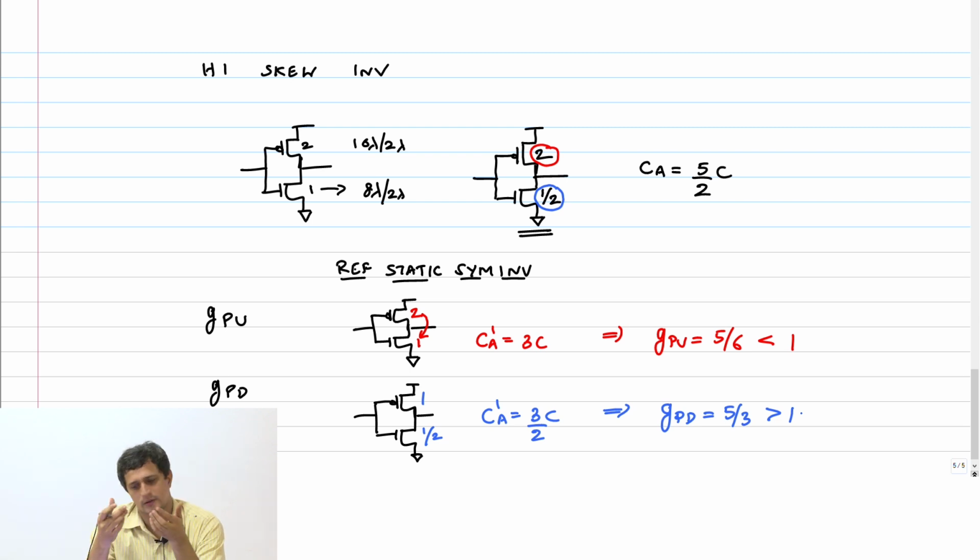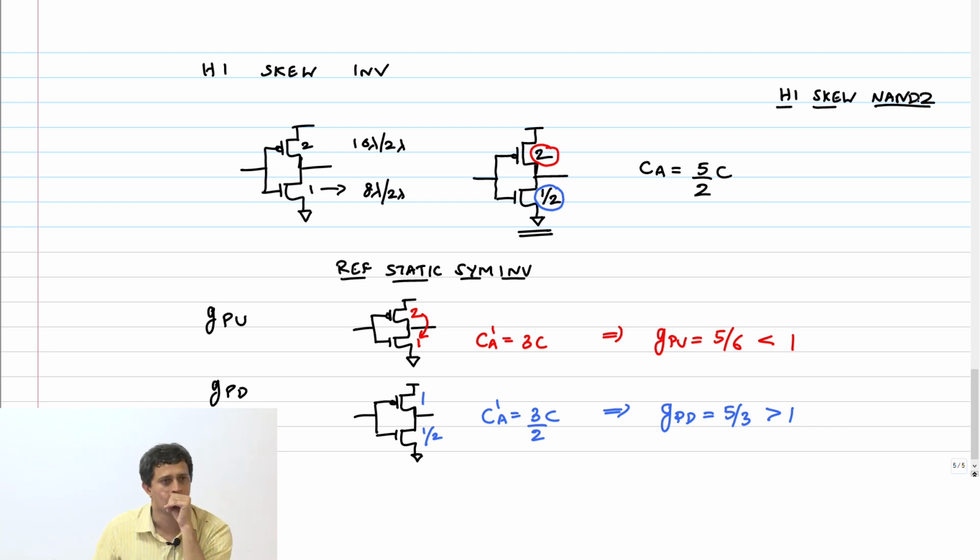So now you can take this idea of a high skew inverter and take it to a NAND gate, a NOR gate, and so on. For example, I now want to construct a high skew NAND. What am I going to do?